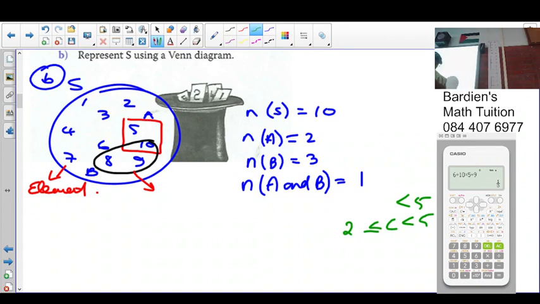Which numbers can we consider here? 2, 3. Can I consider 4? Can I consider 5? No, so I didn't put equal to 5. Can you see that? So let's draw a set around C. So it's 2, 3, 4. So that is subset C.